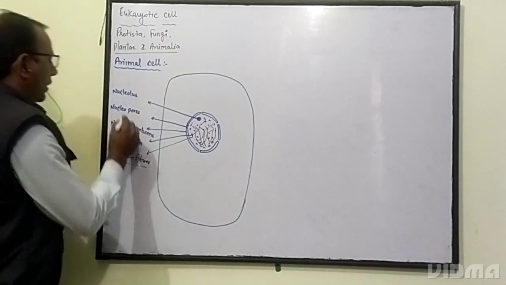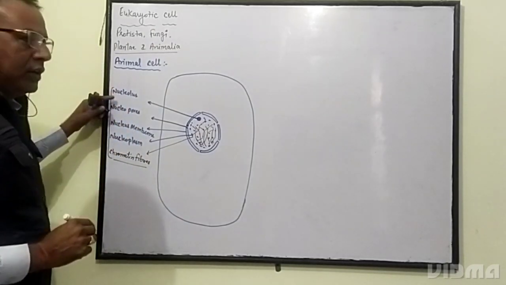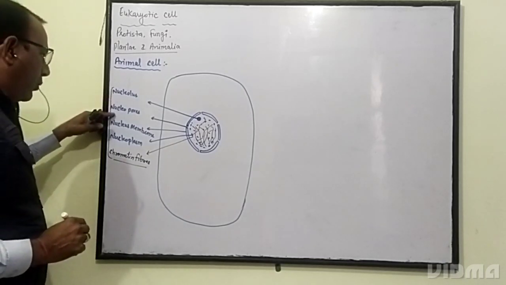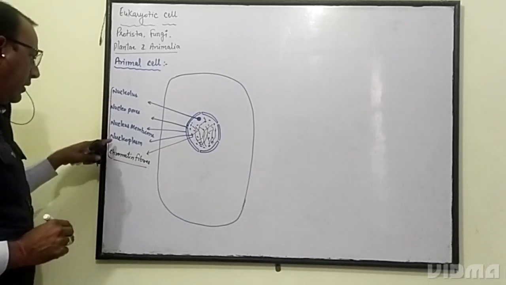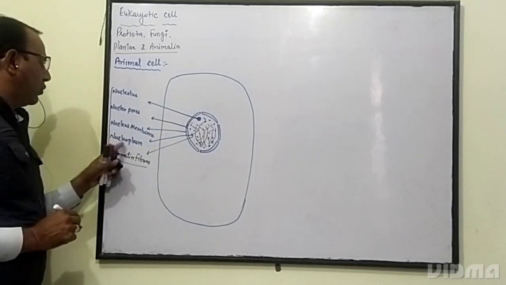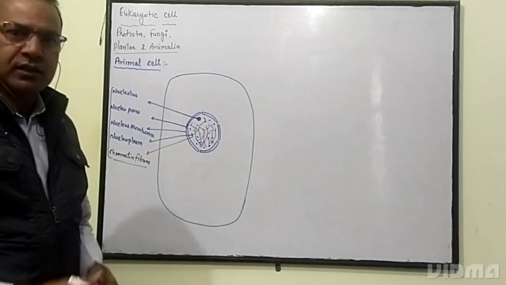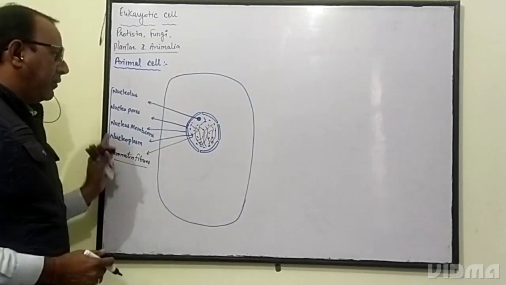So we can see that all these parts make up the nucleus: the nucleolus, nucleopores, nucleus membrane, and the nucleoplasm, the fluid present inside the nucleus, in which there are thread-like structures called chromatin fibers.